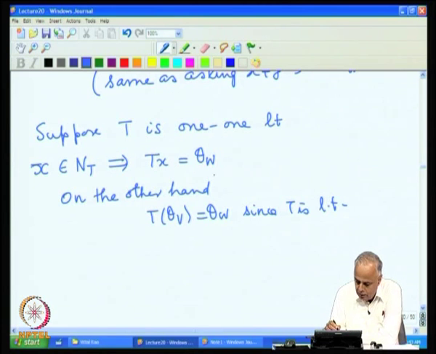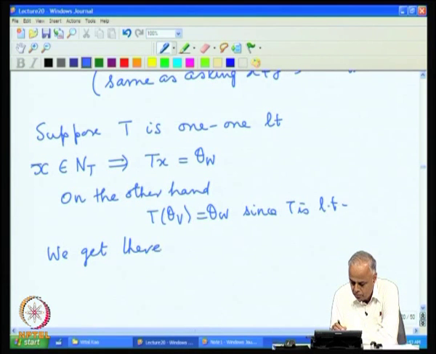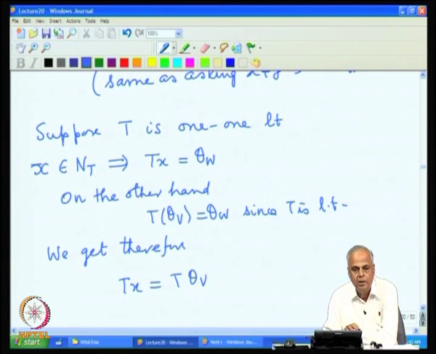Comparing T x equal to theta W with this, we get T x equal to T of theta V, because both are theta W. But T is 1-1 means different fellows should have different images.